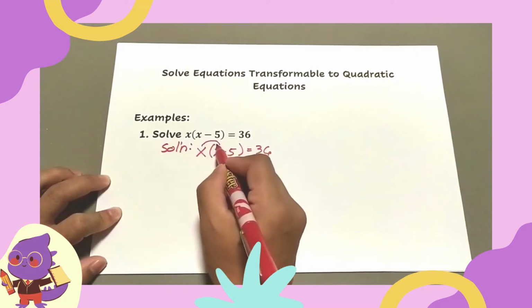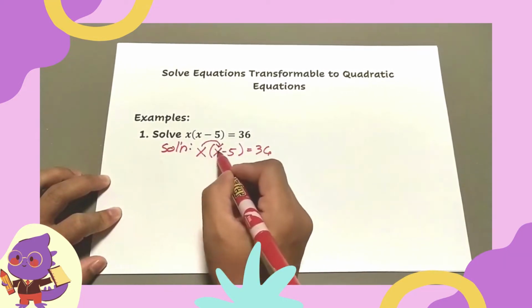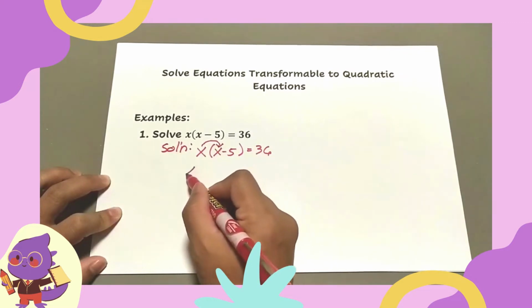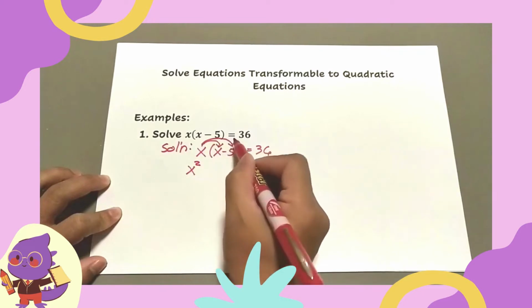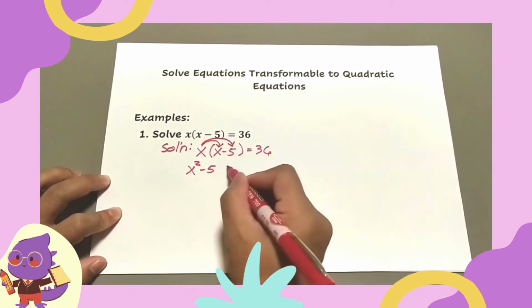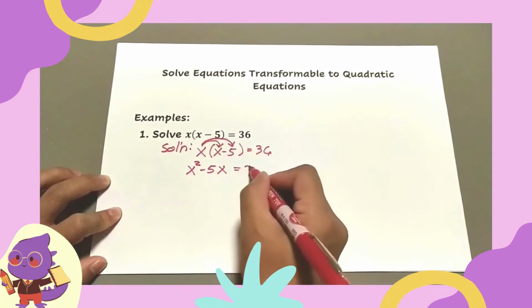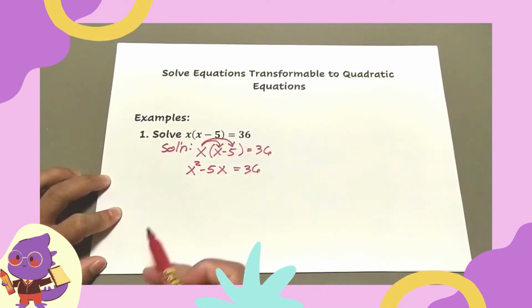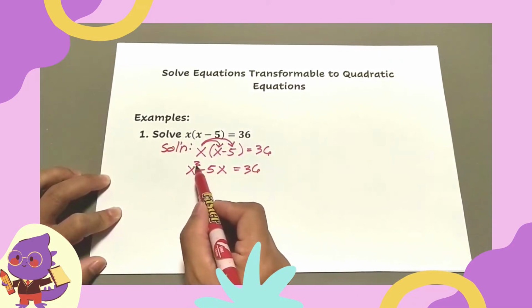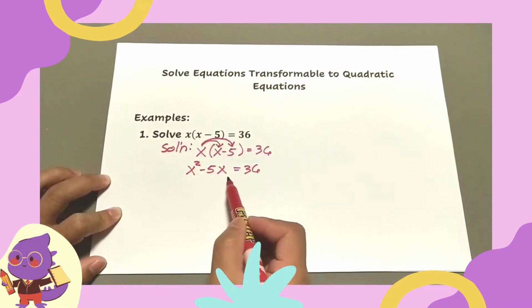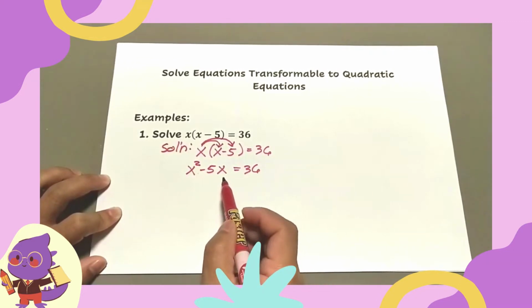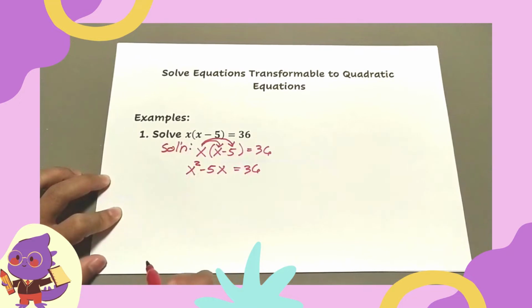Distribute natin isa-isa. So, x times x, you will have x squared. Tapos, x times negative 5, you will have negative 5x equals 36. See? Nagkaroon kayo ngayon ng power of 2, making this equation a quadratic. Pero hindi pa siya naka-standard form.